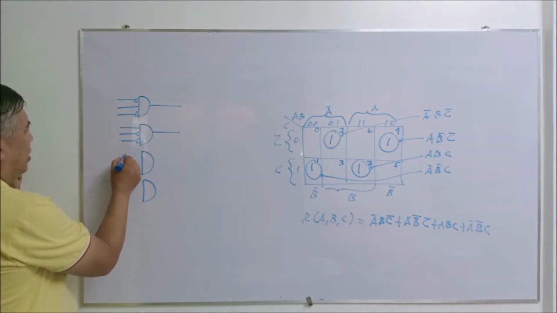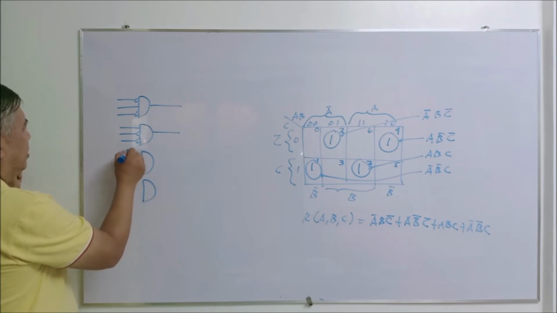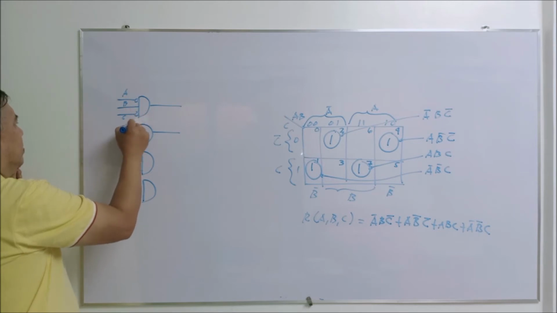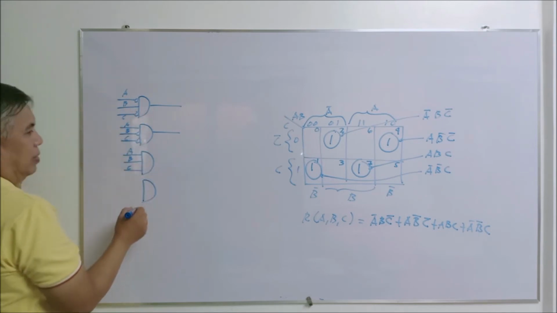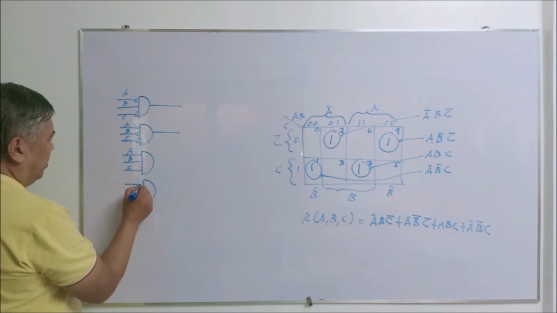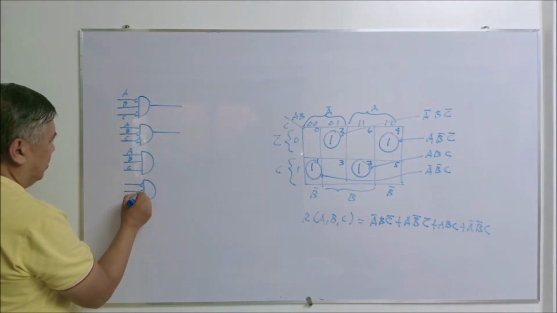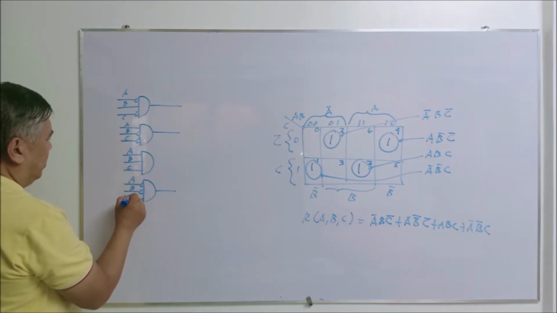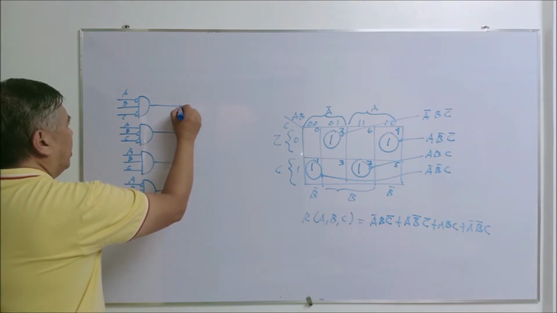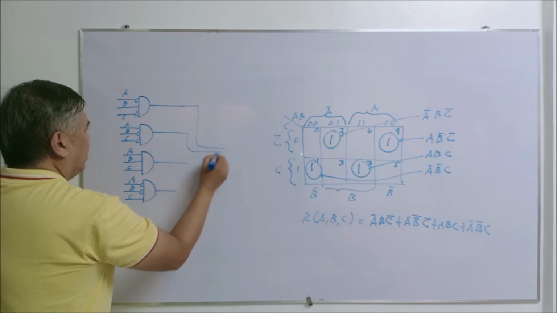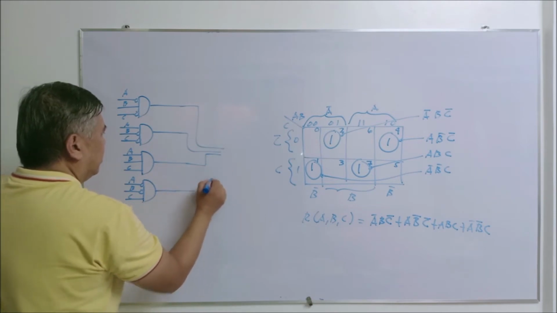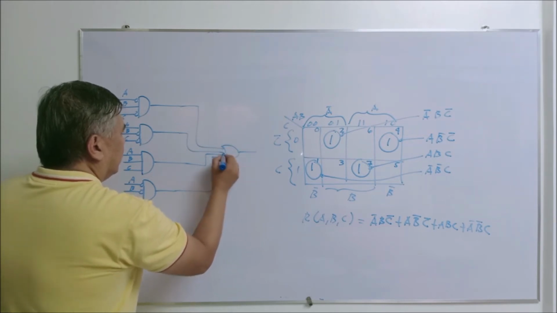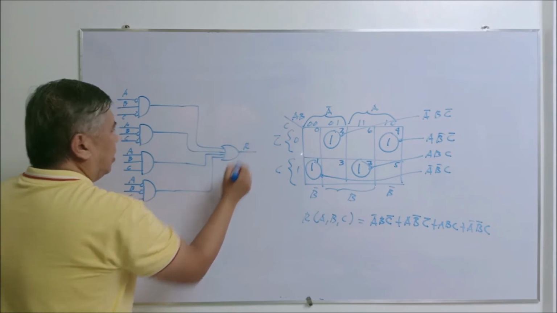Then you have A, B, C, then you have A bar, B bar, C. You have A, B, C. And these 4 AND gates are being added together, or ORed together, using an OR gate. So this will be our R.